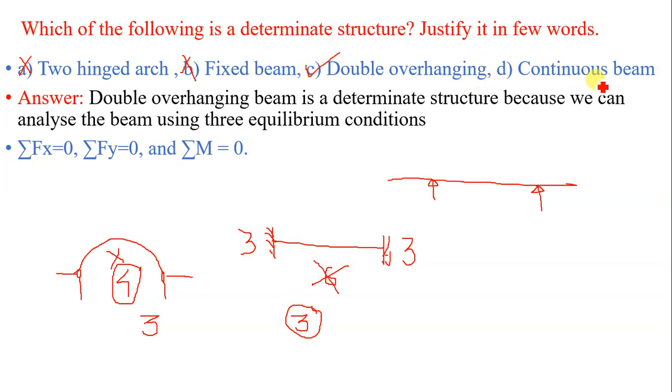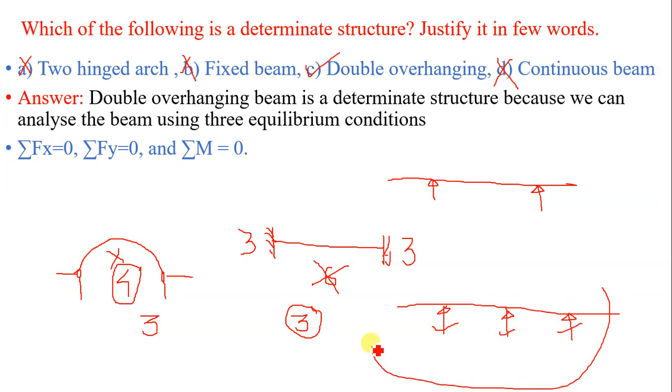And of course we will consider continuous beam. If a beam is continuous like this having number of supports, so here we cannot calculate all the reactions using conditions of equilibrium alone and hence continuous beam is an indeterminate structure. Continuous beam is indeterminate externally, but if we calculate the reactions, easily we can plot the SFD and BMD.